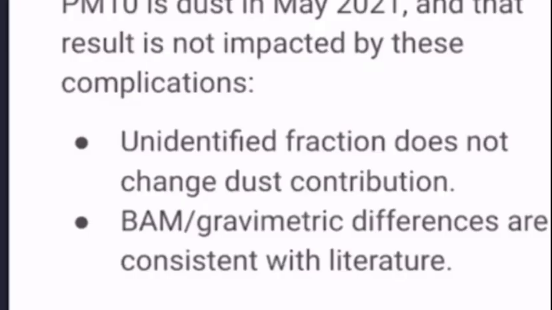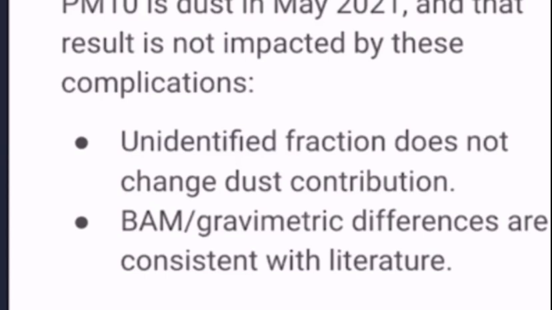The unidentified fraction that's associated with those changes in humidities is a big open question, but it doesn't change how much dust there is. Dust is super standard and easy to measure. Its chemical composition is not in doubt. It's really pretty simple and has been known for quite some time. So the unidentified fraction doesn't change how much dust there is.